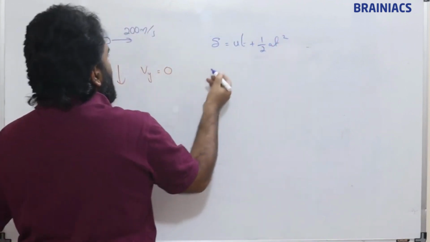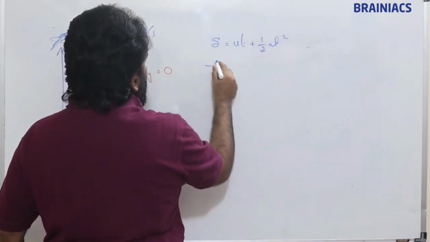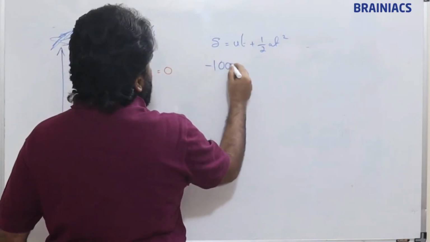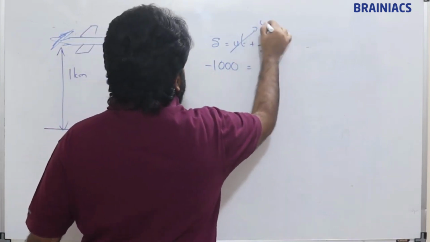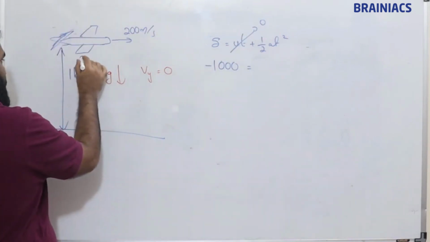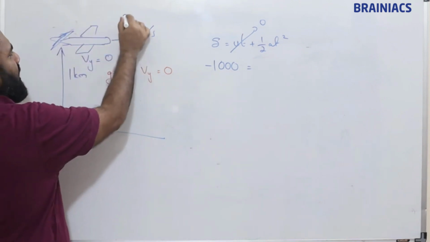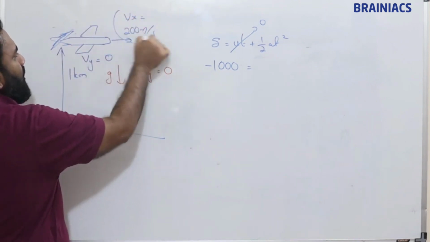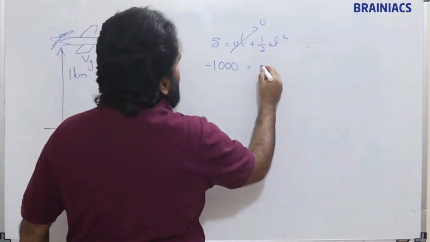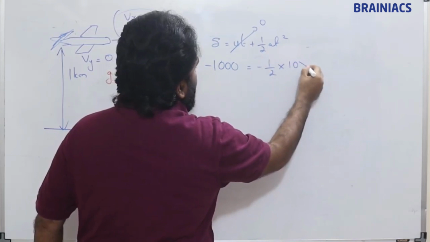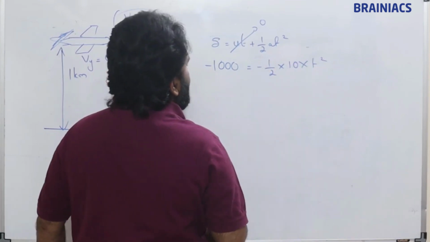Minus 1 kilometer means minus 1000 is equal to, this is actually 0, uy is equal to 0, this is actually Vx, this one. So this is equal to minus half into 10 into t square.